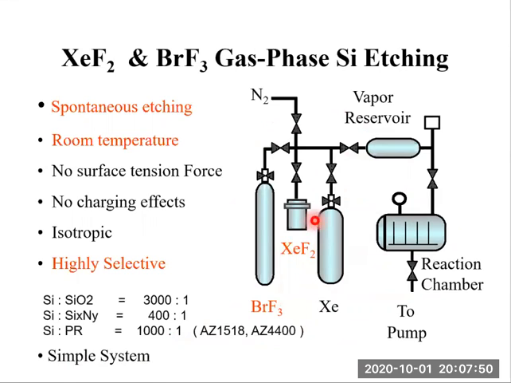We need a tank of xenon difluoride or bromine trifluoride as the source, a vapor reservoir, and a reaction chamber. Of course, we need a mechanical pump to create a vacuum inside. So generally it's a very simple setup.